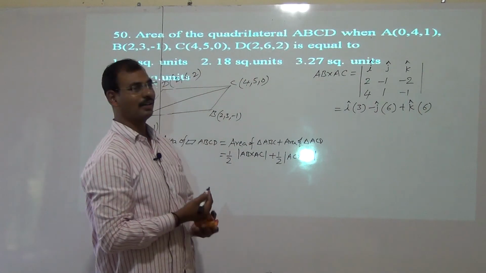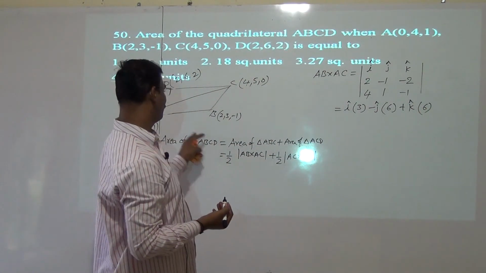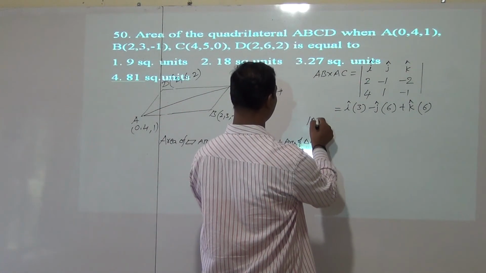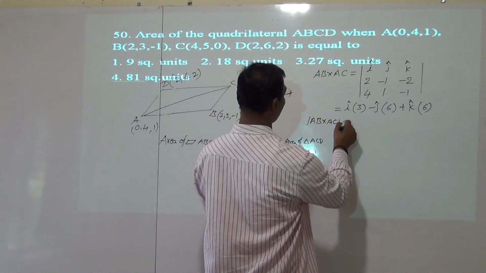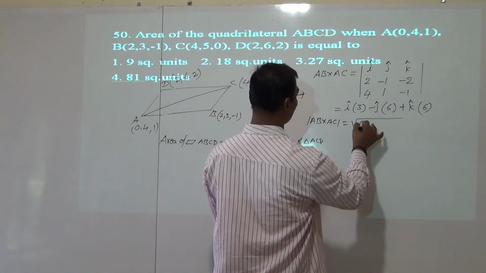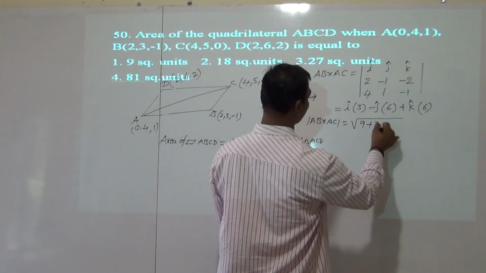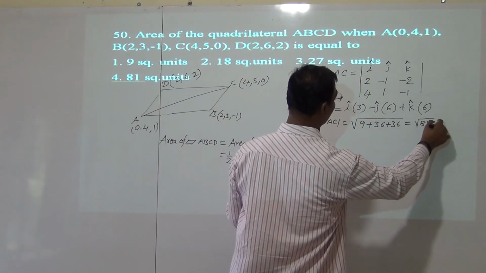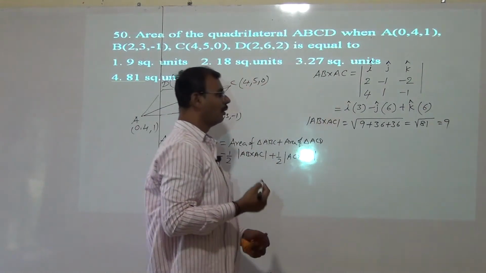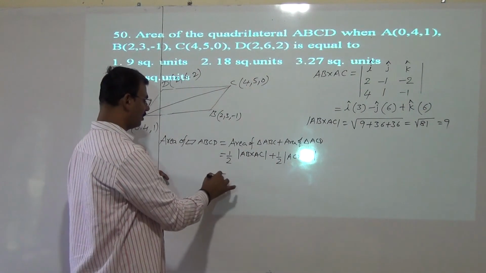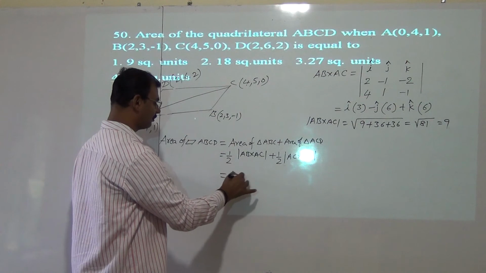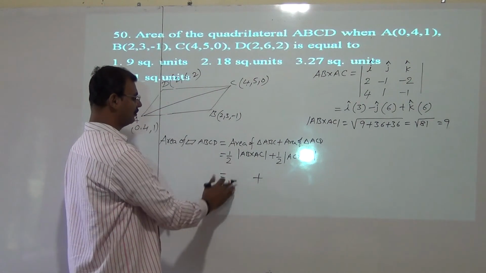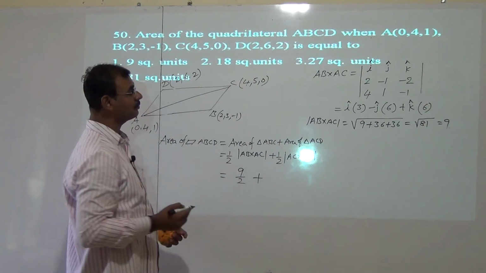AB cross AC, got it? Its magnitude is the square root of 3 squared plus 6 squared plus 6 squared, that is the square root of 81, which is 9. Half into 9, that is 9 by 2, directly.